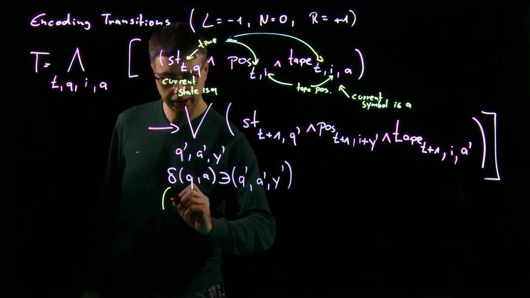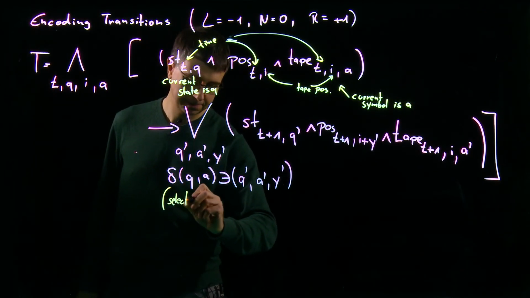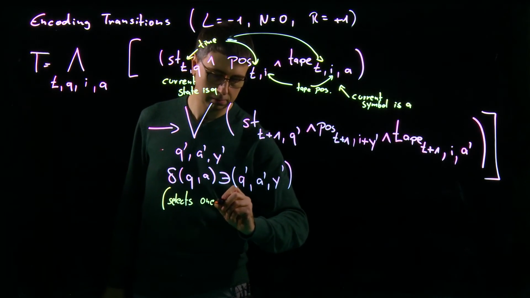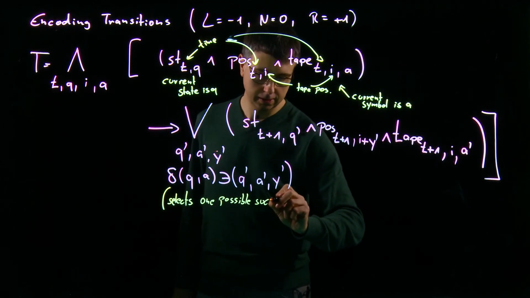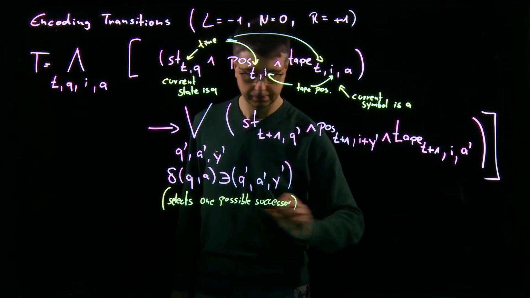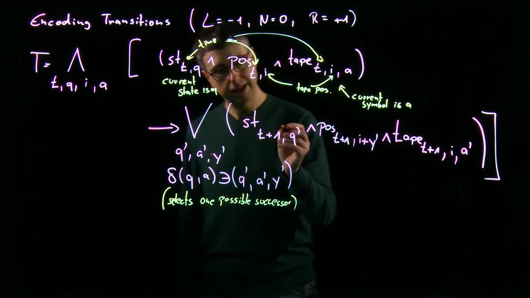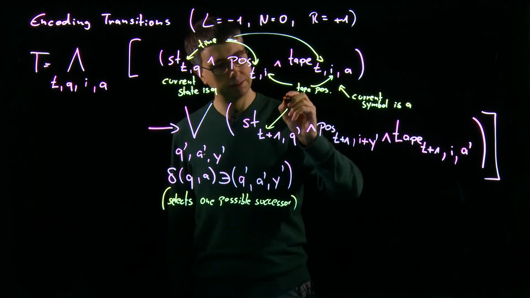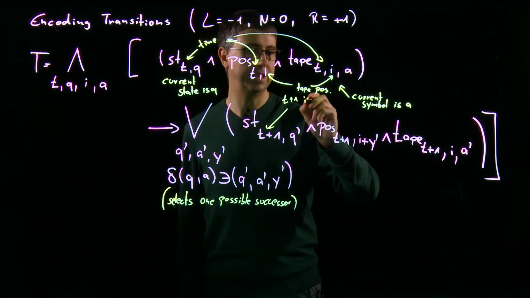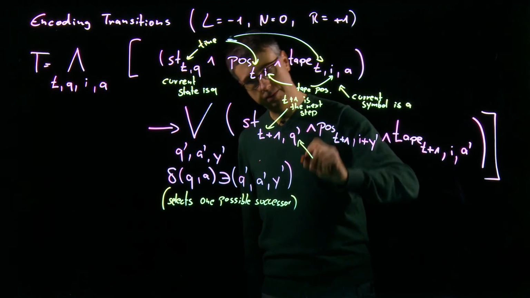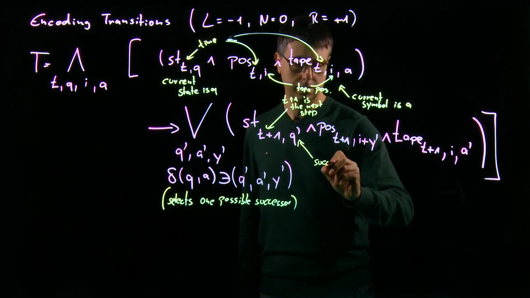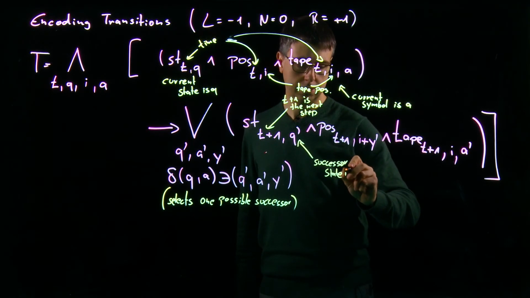Here this one selects one possible successor state. The Turing machine is non-deterministic. This one here, t plus 1, is the next step. This one here is the successor state, q prime.